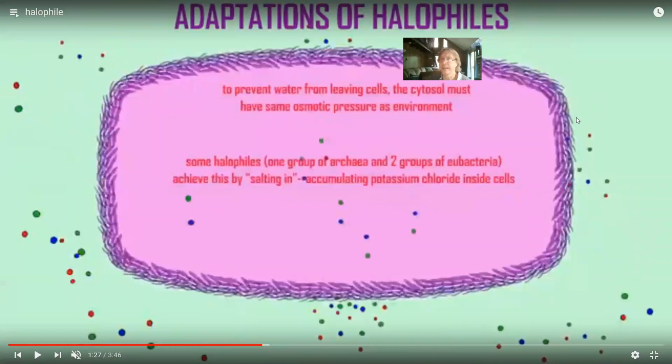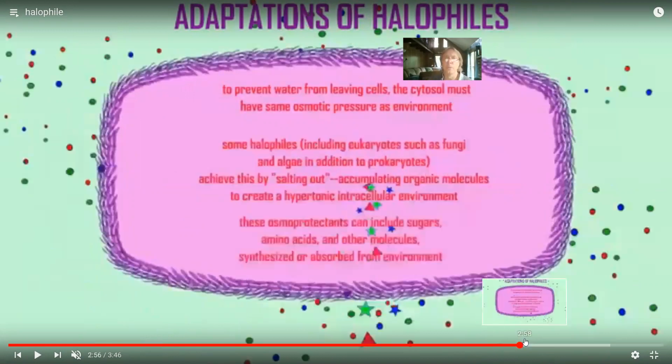One of the things that cells can do is bring, say, potassium chloride into the cells. And because there's already a high concentration of salt inside the cells, the osmotic pressure is balanced and water tends not to move. So some halophiles do what's called salting in, while others perform what's called salting out.